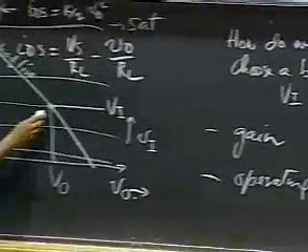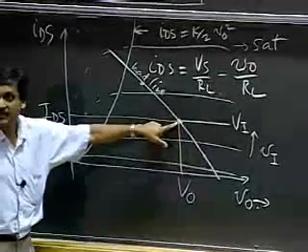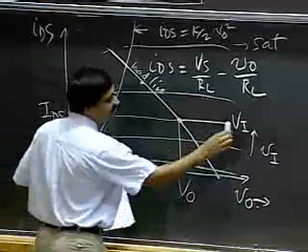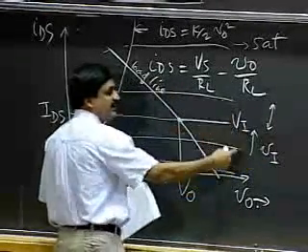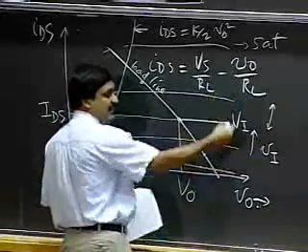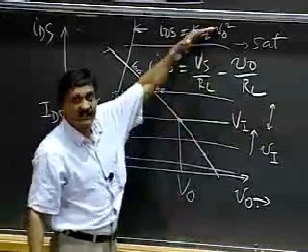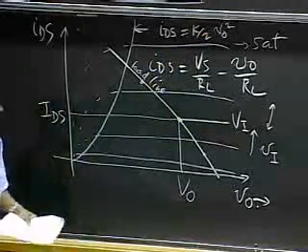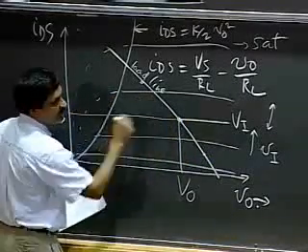Notice that if I choose a bias point here, then as the input changes, VI in this graph goes up or down, and I would be traversing and following different lines here in my MOSFET characteristic. And as VI increases, the operating point would come up here and so on.